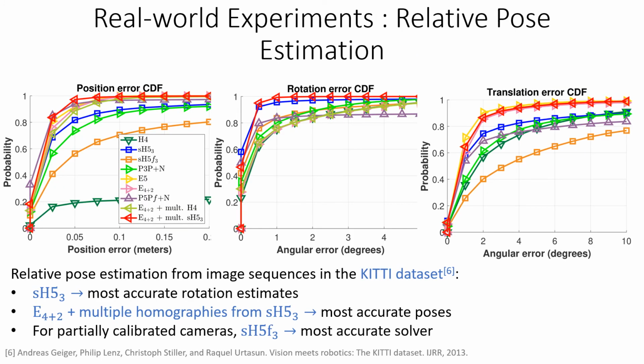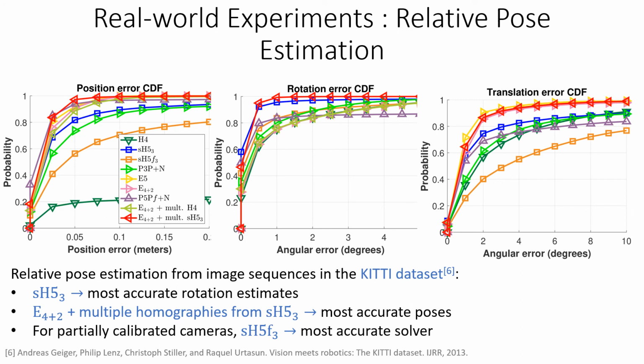We have also evaluated the performance of our solvers for estimating relative pose from a sequence of images using the Kitty dataset. The scenes in this dataset were captured by two front-facing cameras mounted on a moving vehicle. The camera pair is considered to be a generalized camera, and we estimate the relative pose between this camera and the left frame in the next image.